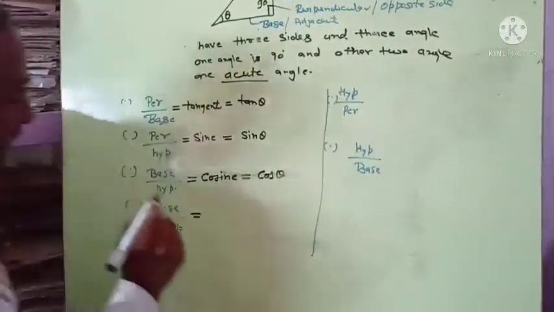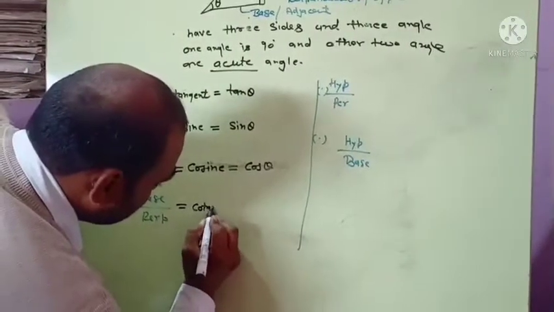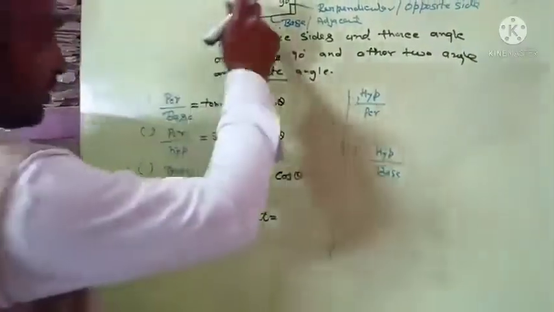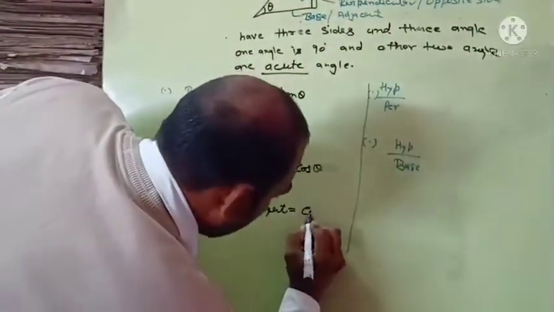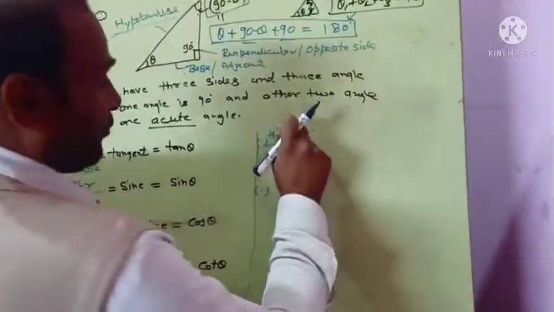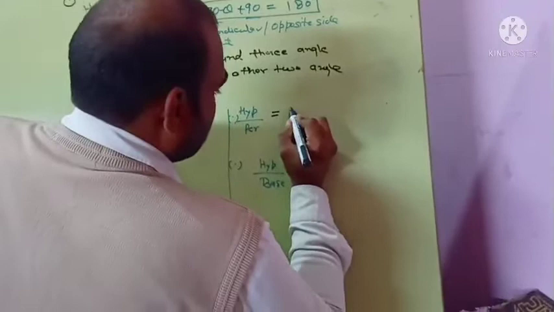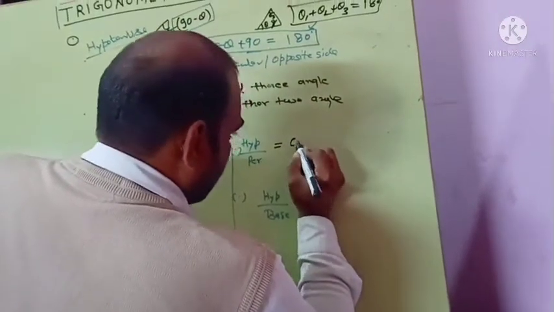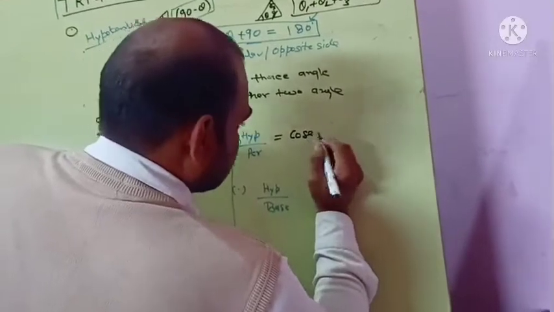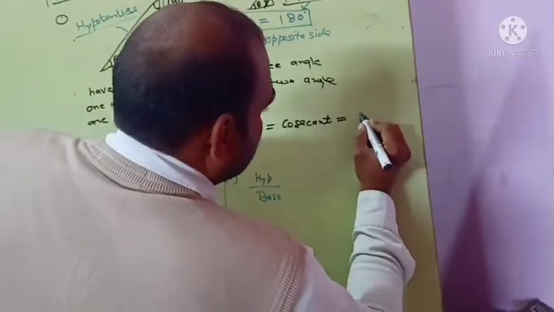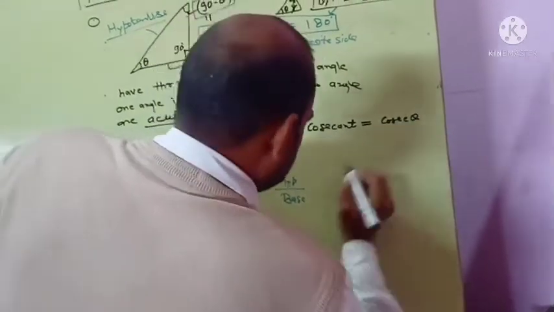Base upon perpendicular is called cotangent, with respect to theta it is called cot theta. Hypotenuse upon perpendicular is called cosecant, with respect to theta called cosec theta.